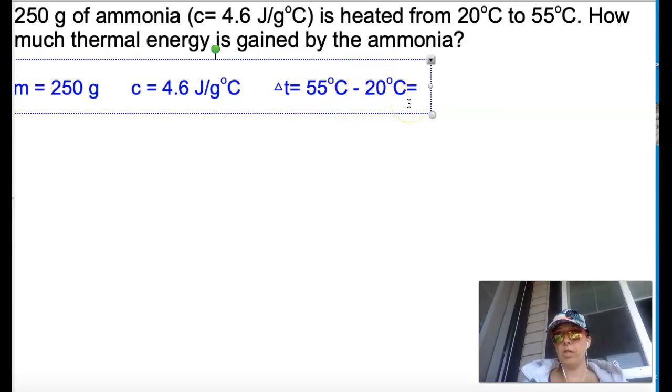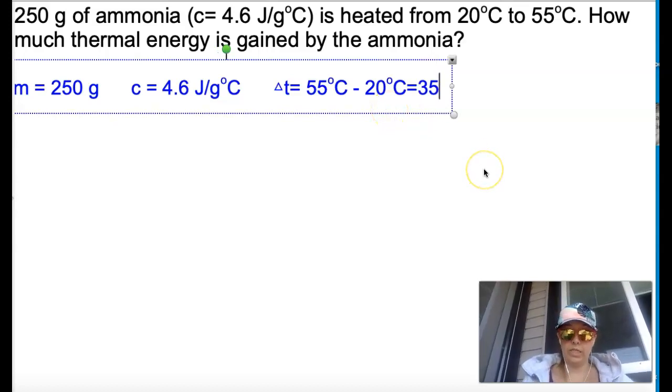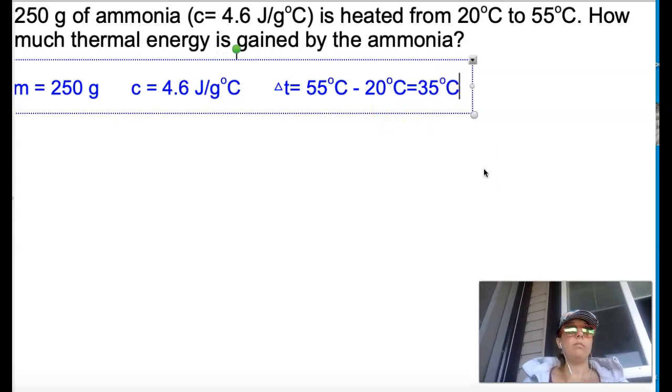In this case, it's not a huge deal because sig dig wise, it's going to work out to be the same, right? If we do 55 minus 20, we come up with 35 degrees C. Where I would have to be careful is if, let's say this was 55 and this was 50, then I would be coming up with 5 degrees C, and that would only have one significant digit.